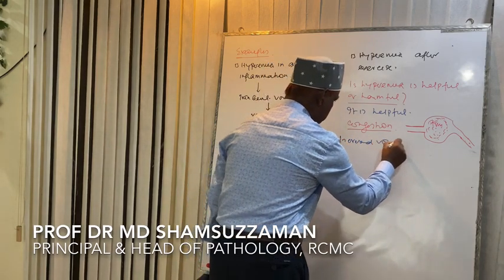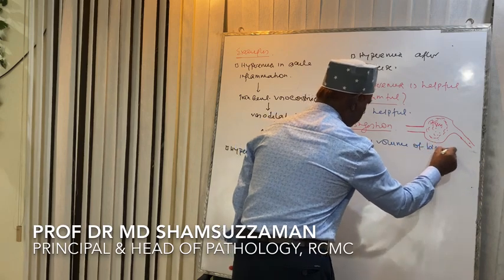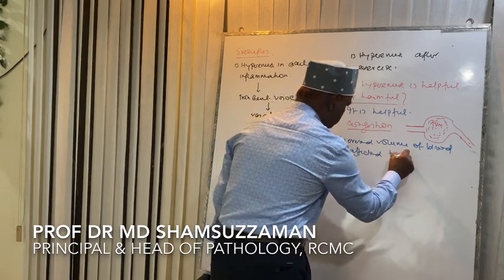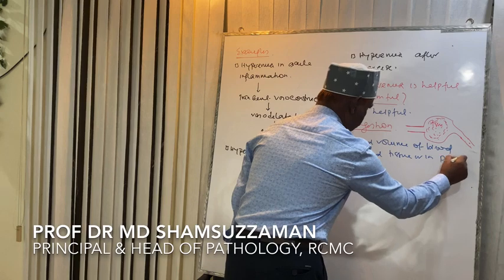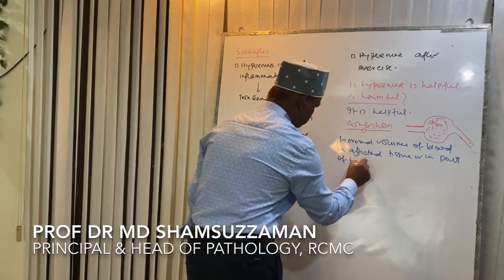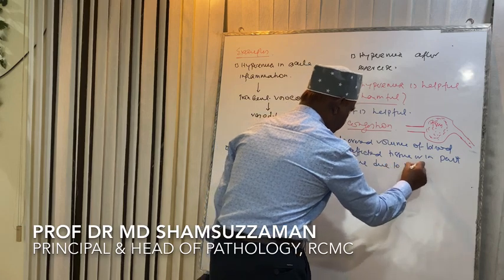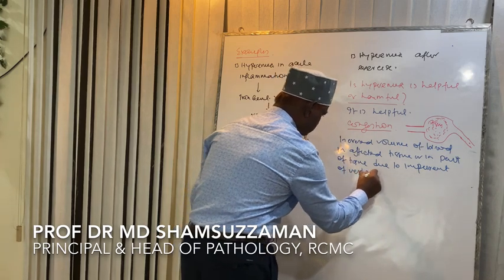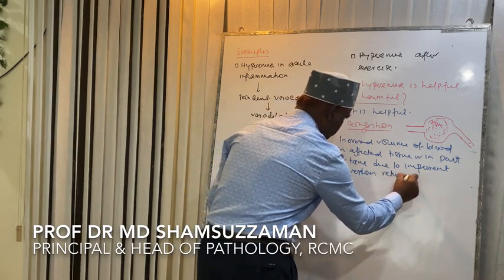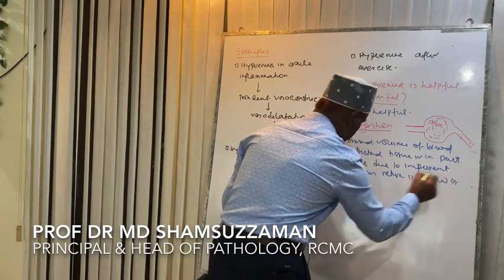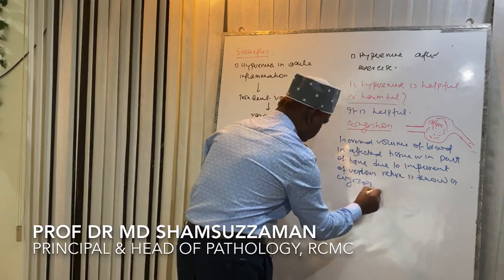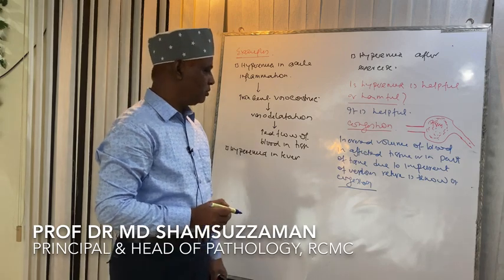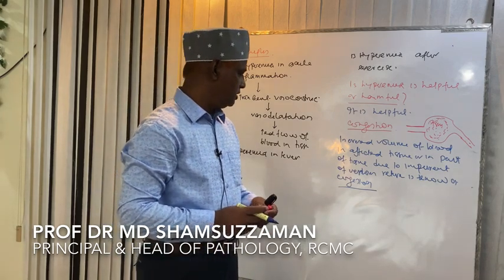Increased volume of blood in affected tissue or in part of tissue due to impairment of venous return is known as congestion.